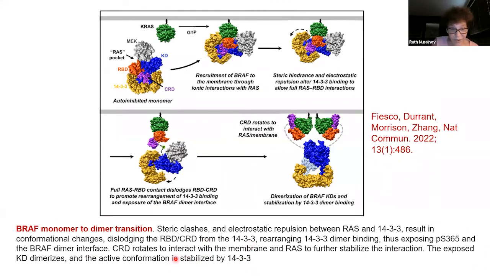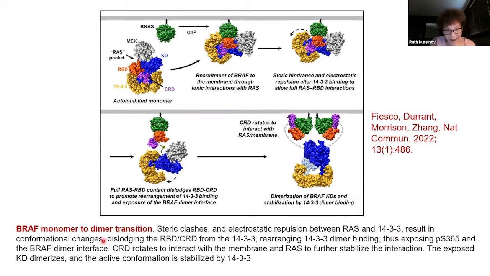In their scenario, there are steric clashes and electrostatic repulsion between RAS and the 1433 when the whole complex is in the process of binding.